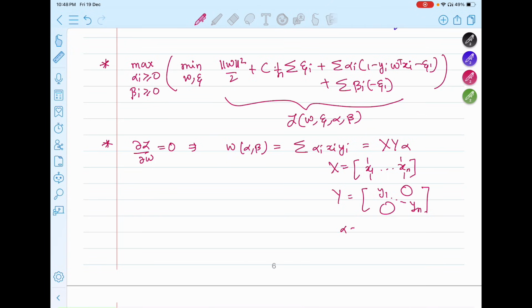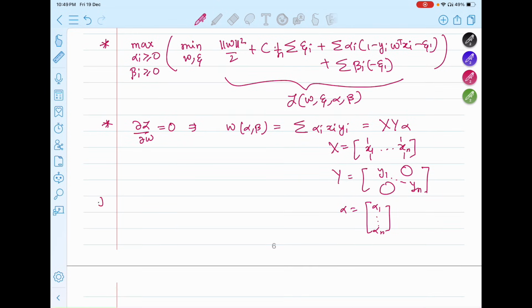And alpha is a vector of alpha_1 up to alpha_n. Remember, there are n alphas. Each alpha corresponds to a constraint. It's very crucial. And the moment I take the derivative with respect to zeta_i and set it equal to 0, I get that alpha_i plus beta_i should be equal to C. So most of the time we don't use beta_i, we just use alpha_i, because beta_i is always C minus alpha_i.